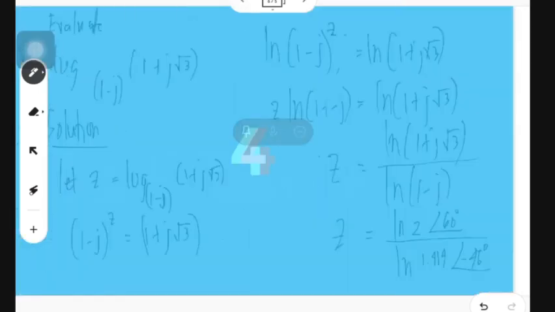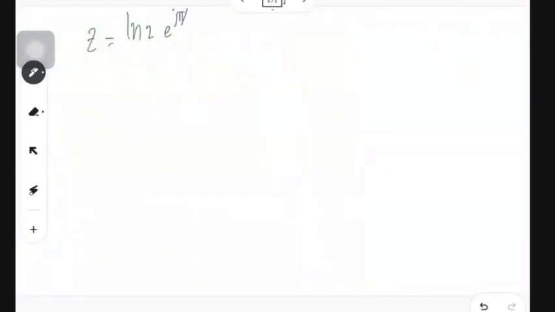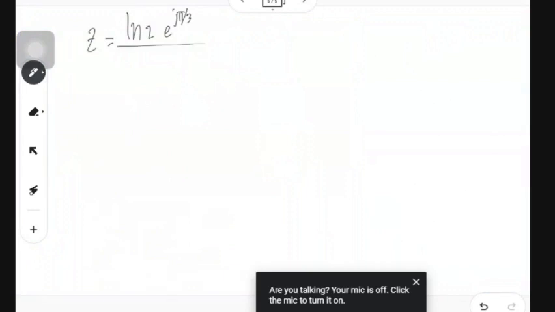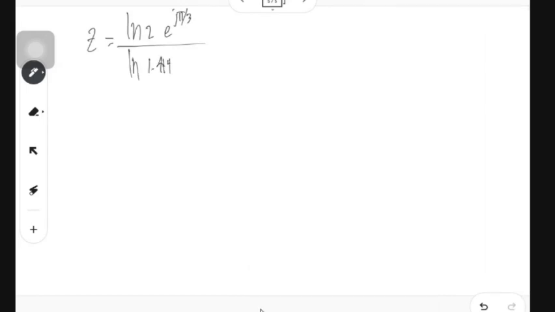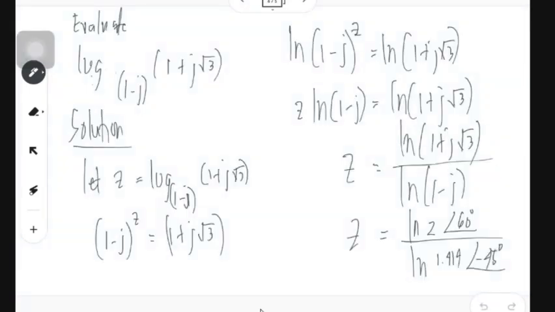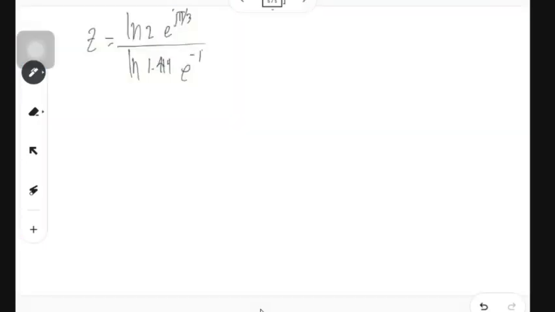So, yung numerator natin will turn out to be natural logarithm of 2, 60 degrees. Tama ba? Ln of, tama, 2. Then, 60 degrees is simply pi all over 3. While the denominator is natural logarithm of 1.414, then e to the j negative 45, and 45 degrees is pi all over 4. So, pwede na i-process ito, no?